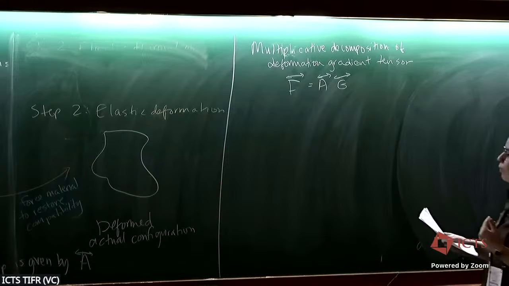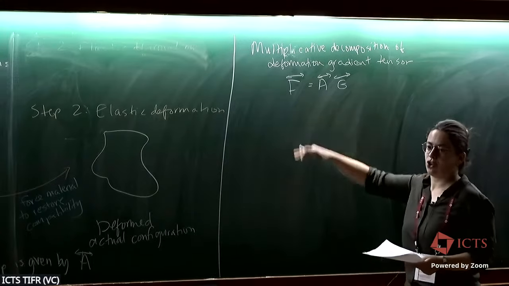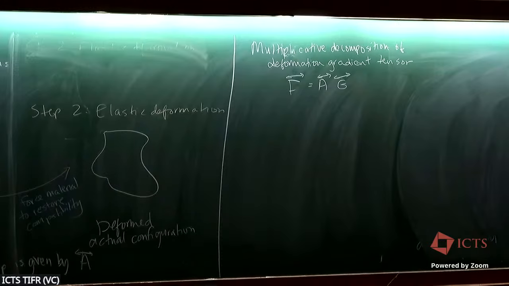The work in this area, in this community, was really kickstarted by a paper by Rodriguez et al. in 1994, but actually this type of multiplicative decomposition has shown up in a number of communities very early on. Flory used this to understand polymer swelling in the 1950s, and it's also been used to understand defects and plasticity and thermoelasticity.